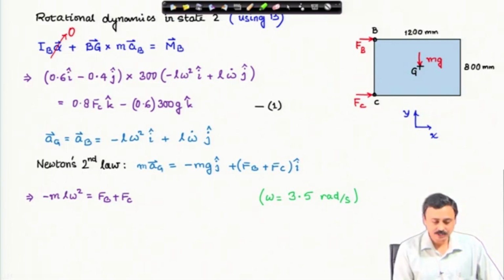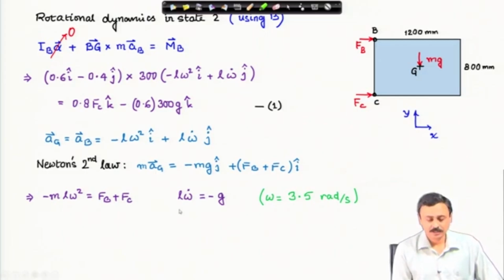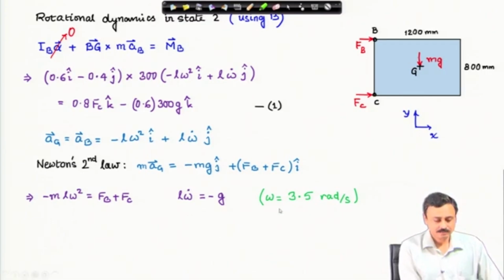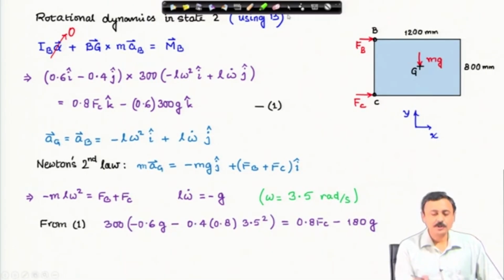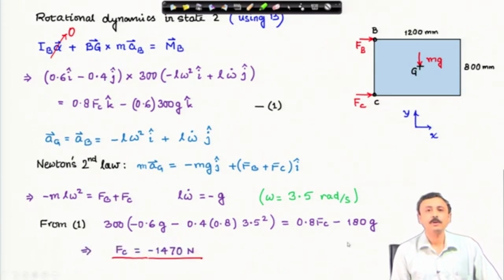This is the I cap equation, and the j cap equation gives me L omega dot is equal to minus g. Now, I have omega dot from here, and omega is already known from our previous calculation. Therefore, I know the left hand side of the first equation as well, I cap equation. If I now substitute in equation 1, which is the angular momentum equation, I can solve for Fc. Fc turns out to be minus 1470 Newton.